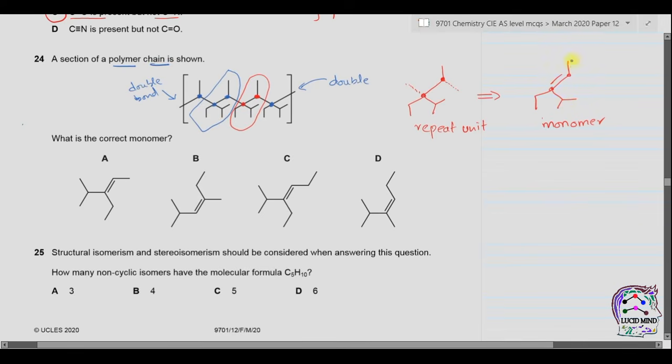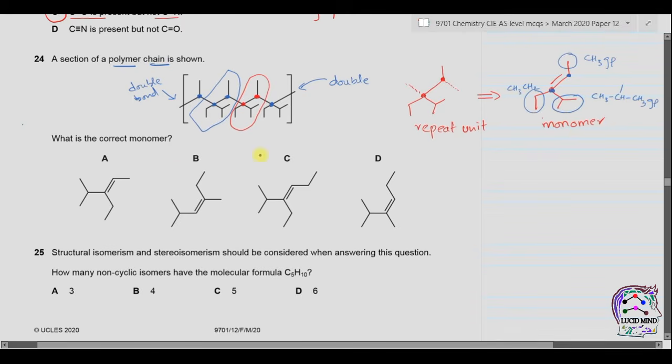Now in this monomer we can see that one doubly bonded carbon has a methyl group, CH3, attached, while the second carbon has an ethyl group, CH3CH2, and also a propyl group.